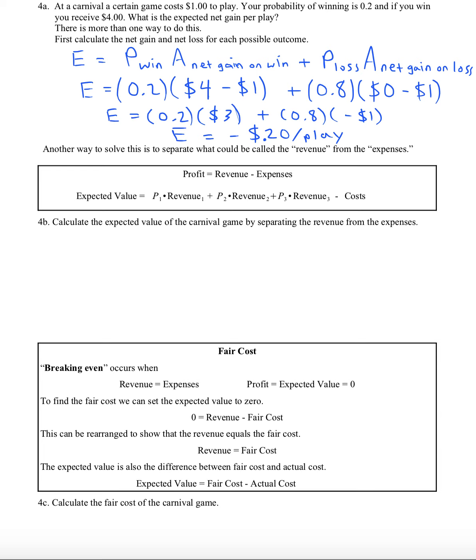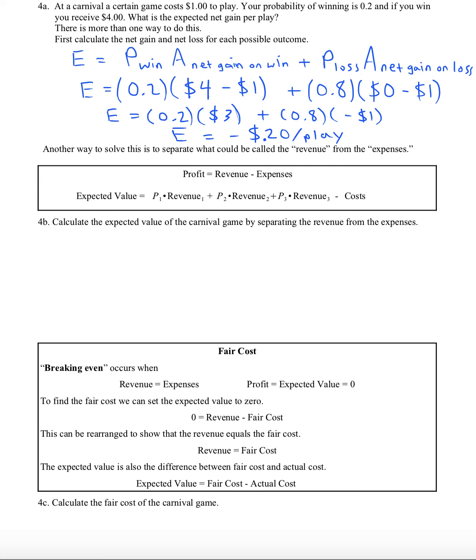So that means if we were to play this game an infinite number of times and average all the results, we would have lost on average 20 cents per play. So is it a good game to play? No, it's not.